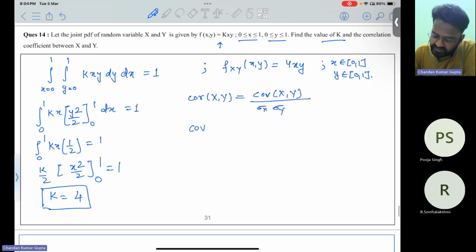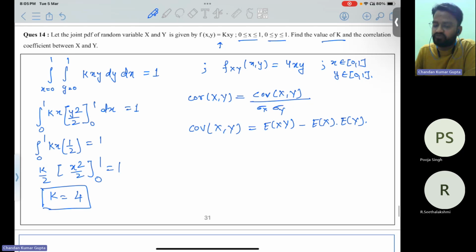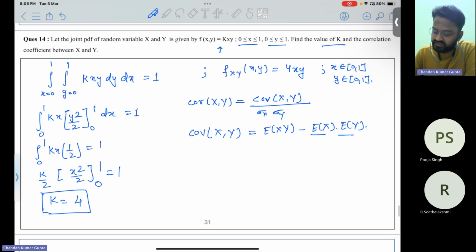Again, the covariance of xy can be evaluated as the expected value of xy minus the expected value of x into the expected value of y. For this we need to calculate the marginal PDFs of x and y.